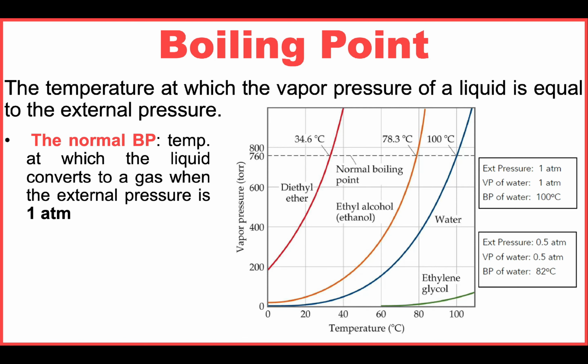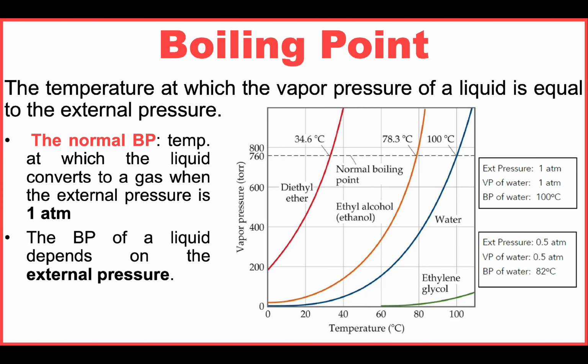Some books call it the abnormal boiling point. For example, at 1 atmosphere, water boils at 100 degrees. But if the pressure is reduced to 0.5 atmospheres, water boils at only 82 degrees Celsius. So that's the not normal boiling point. Remember that this boiling point is related to the molar heat of vaporization.